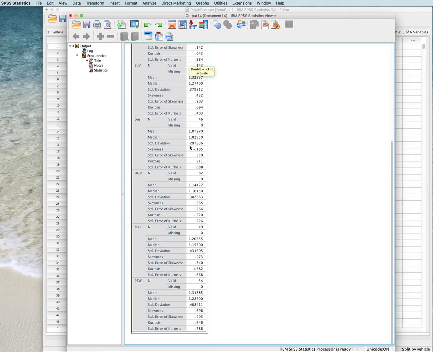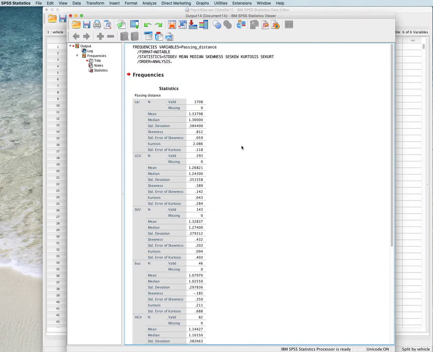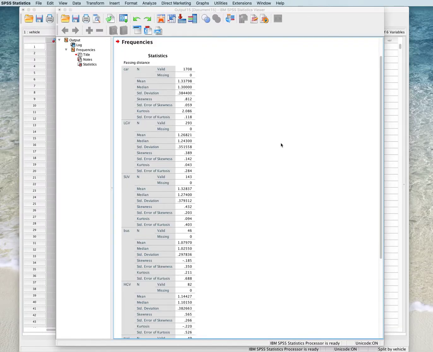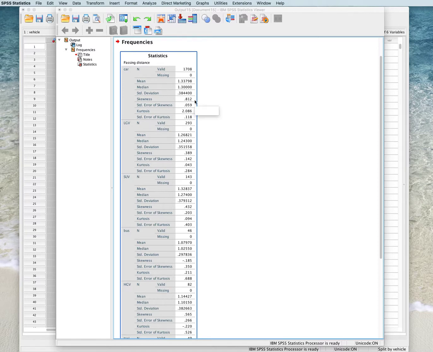You can see it's broken down each of the variables. It's given the mean, the median, the standard deviation, the skew and the standard error of skew, the kurtosis and the standard error of kurtosis. So these figures represent a pile-up of data at one end or the other.